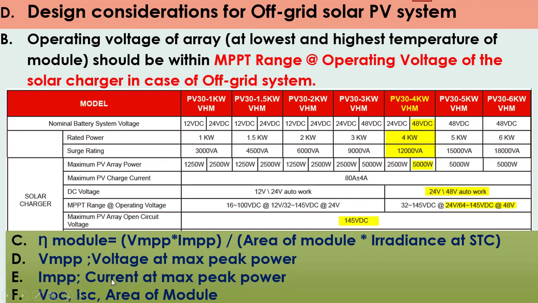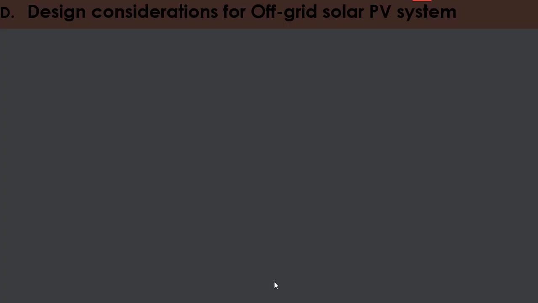Also, we must know the value of the current at maximum peak power, the open circuit voltage, and the short circuit current, and I must also know the area of the module in order to evaluate the efficiency of the module.